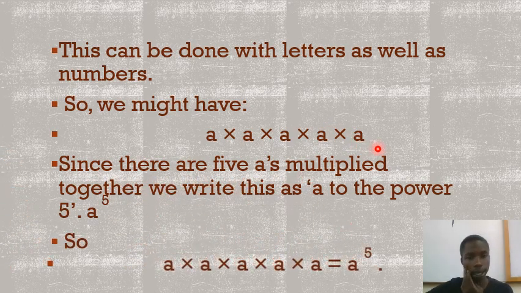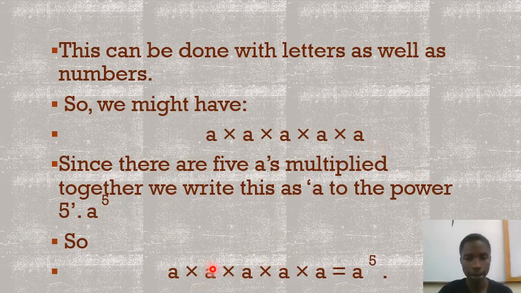So a multiplied by a multiplied by a multiplied by a multiplied by a is a raised to power 5. We usually say raised to power 5, or a power 5, where 5 is now the index.